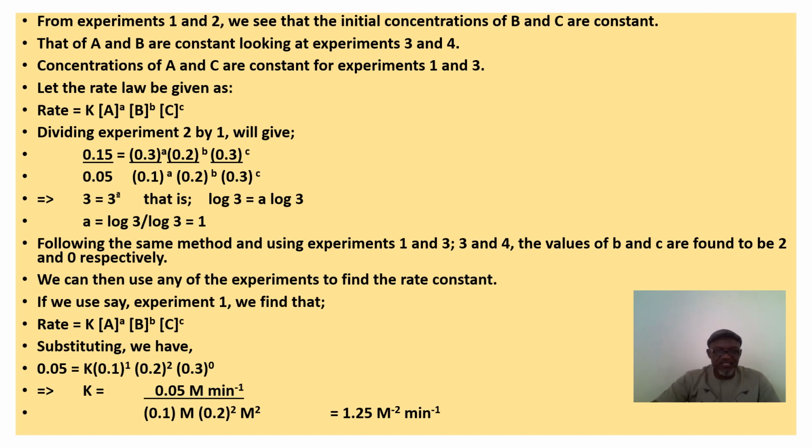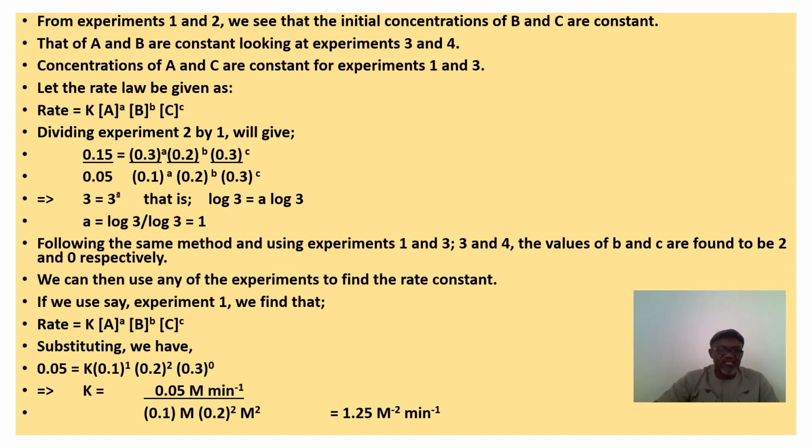So when we now replace that into our equation, we are going to have rate is equal to k, A to power 1, B to power 2, and C to power 0.